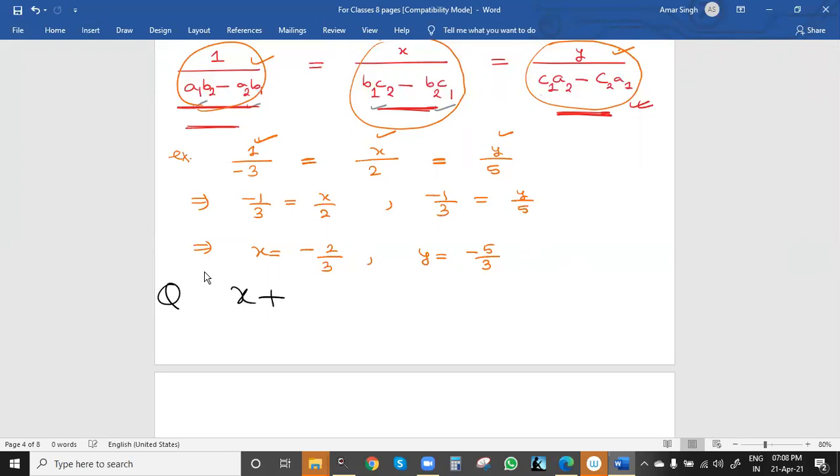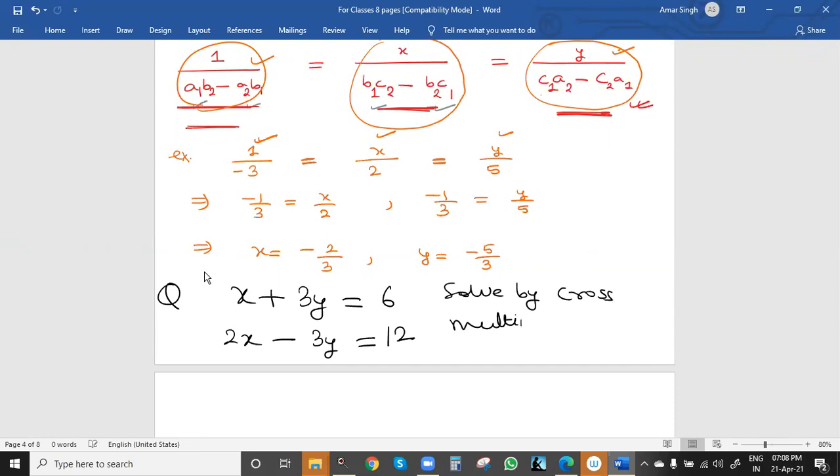So this is the question: x plus 3y equal to 6 and 2x minus 3y equal to 12. We have to solve it by the cross multiplication method. The question is to find the x and y values by the cross multiplication method. I have written the formula above, so you can try.